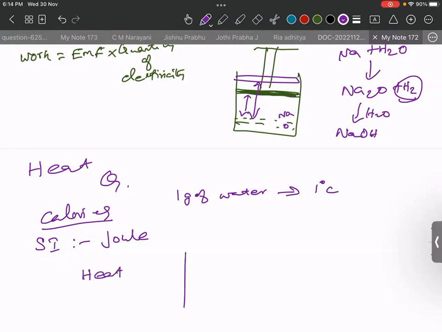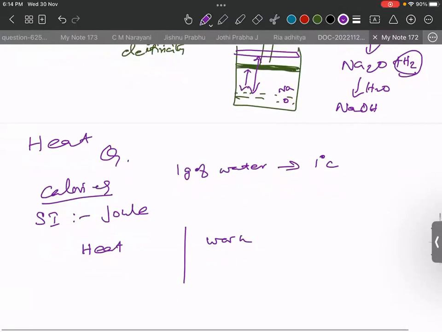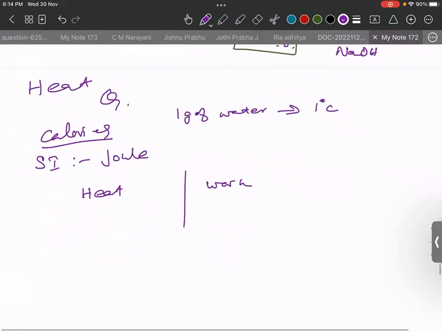So what is the difference between heat and work? You tell me. When you supply heat to the system, what will happen? For the gas, the system is the gas medium.